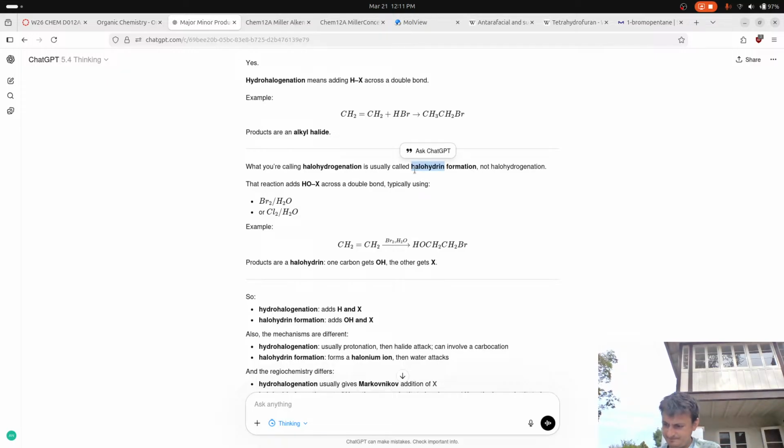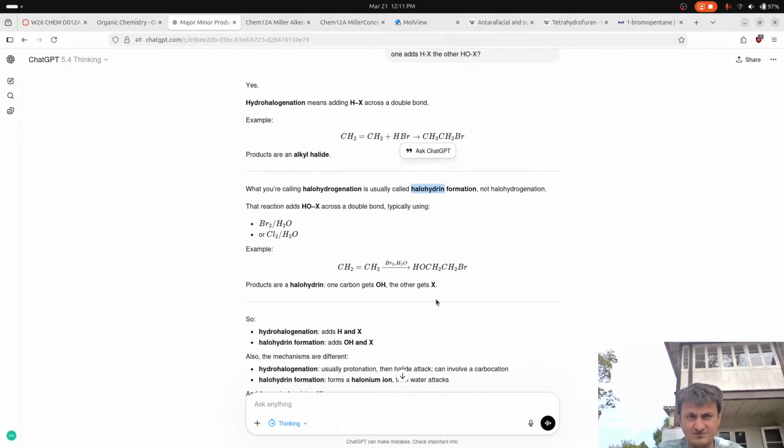Halohydrin. Okay, that's going to be interesting to try to remember because those are very similar names.